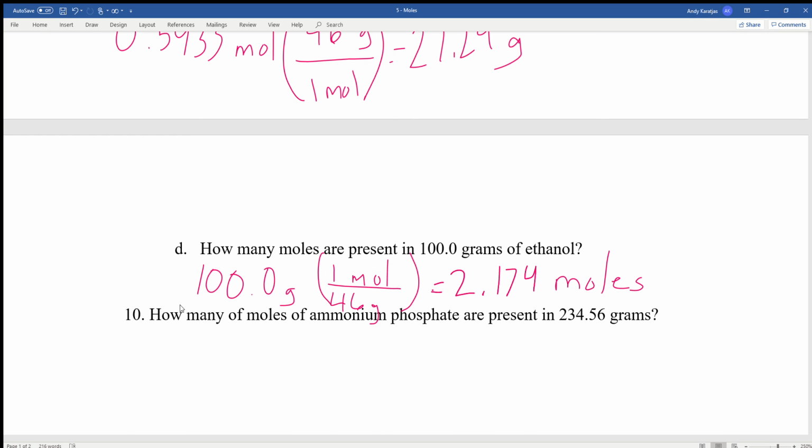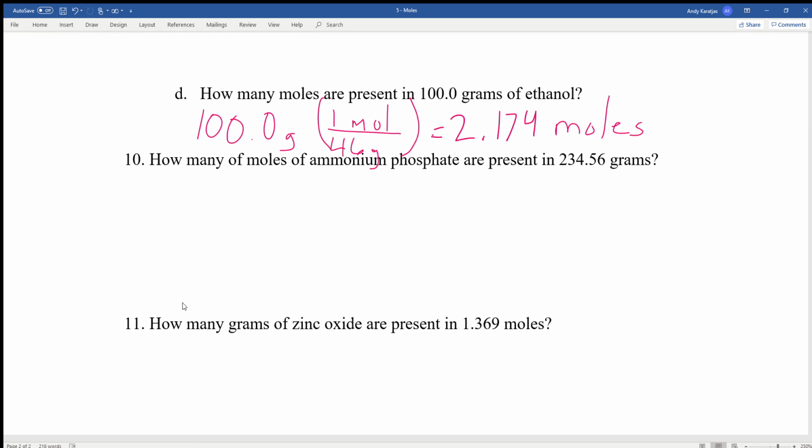And as you can see, we're going to gradually get a little bit more complicated here. In question 10, now we're trying to calculate moles, but instead of giving you the chemical formula, I give you the name of the compound. So you would need to start by converting the name back to the chemical formula. Ammonium is NH4+, phosphate is PO4 3-.